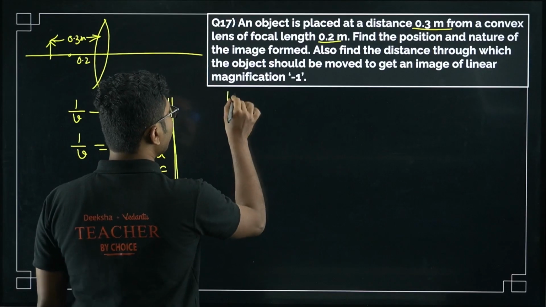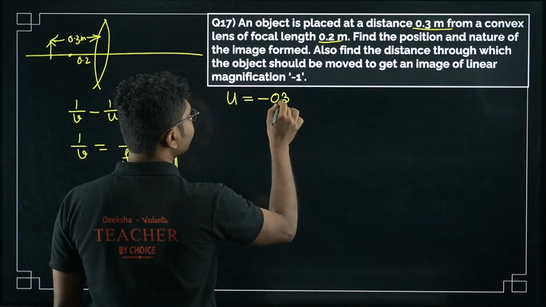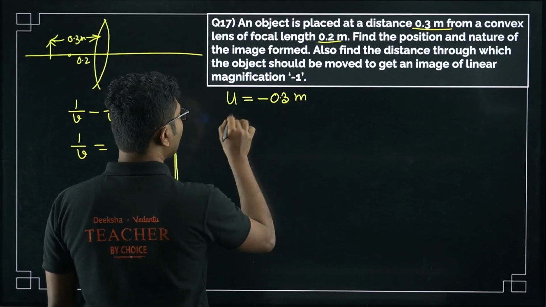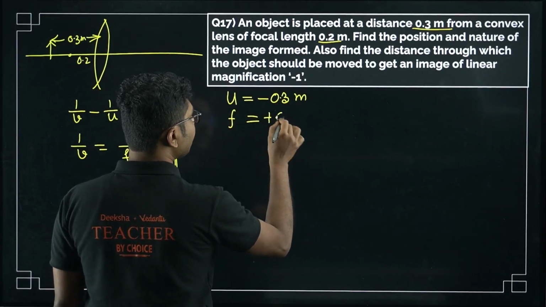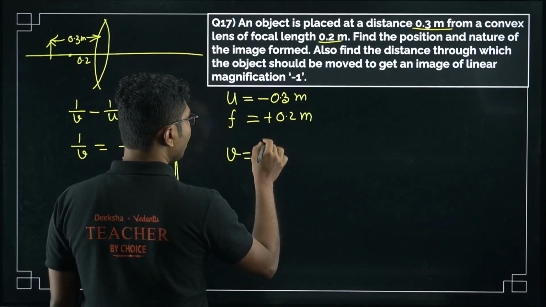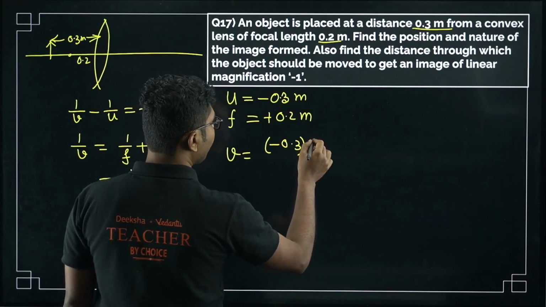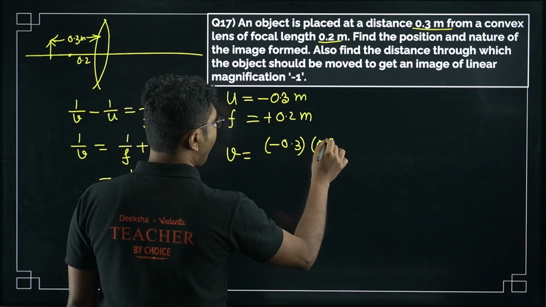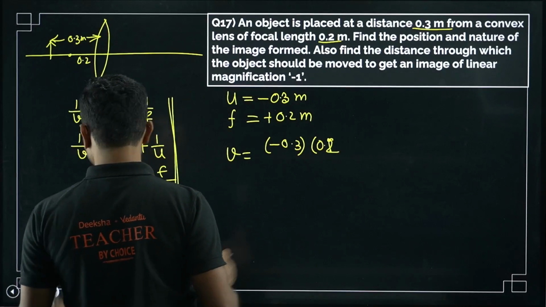So what is u? u, as I said, is always negative, that is 0.3 meters. Focal length for a convex lens is positive, that is 0.2 meters. So now what is v? v is u into f divided by u plus f.